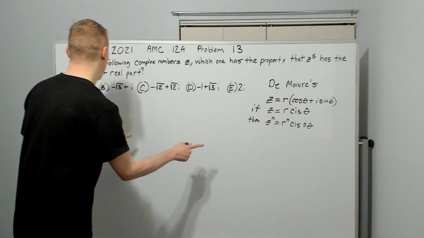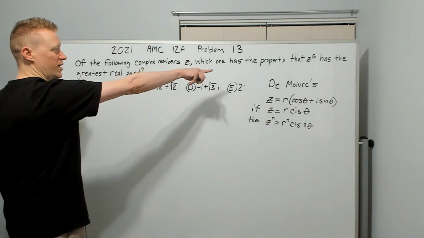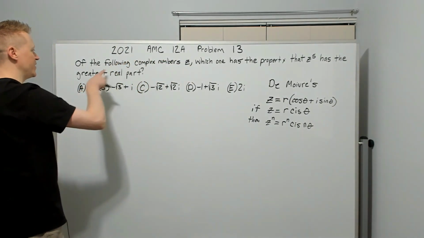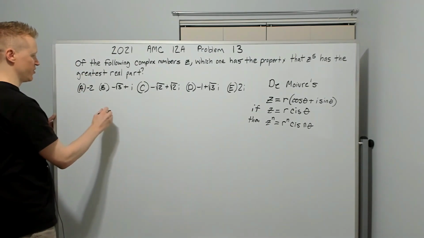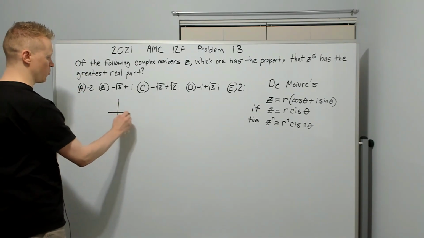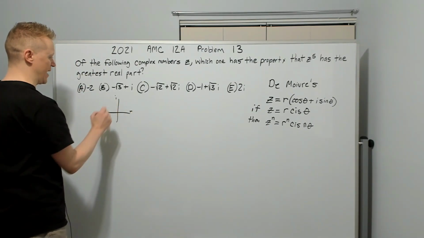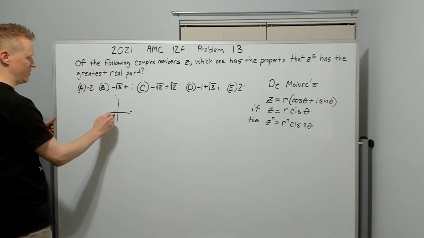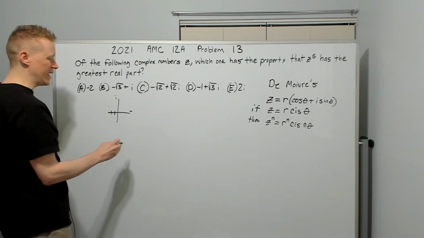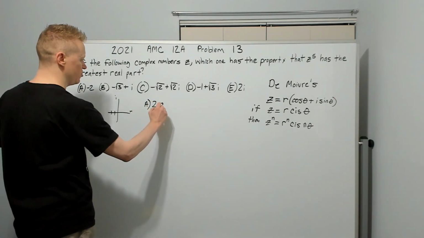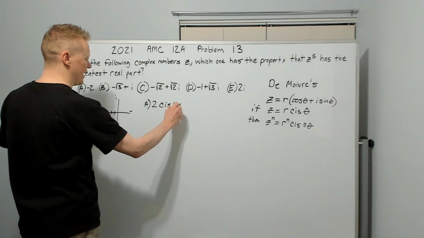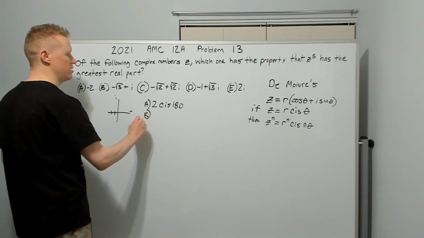Okay, so we're just going to walk back over here. We want to know which one has the property that z to the fifth has the greatest real part. So all we're going to do is convert all of these. The real axis is here, the imaginary axis is here, -2 is over here at 180 degrees. And so A is going to be 2 cis 180. If you want to write in radians, go ahead.